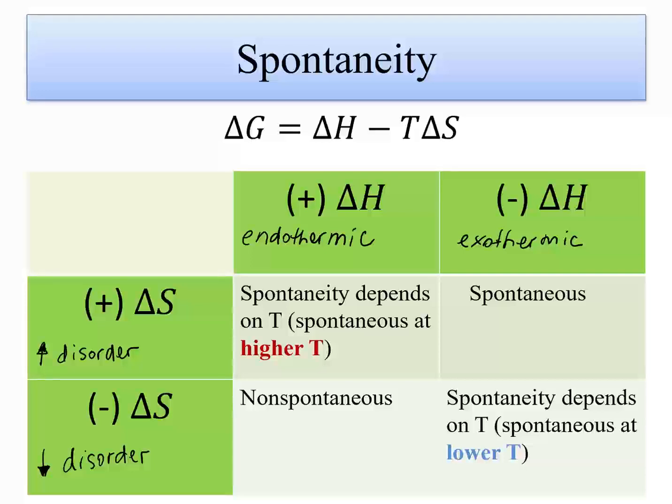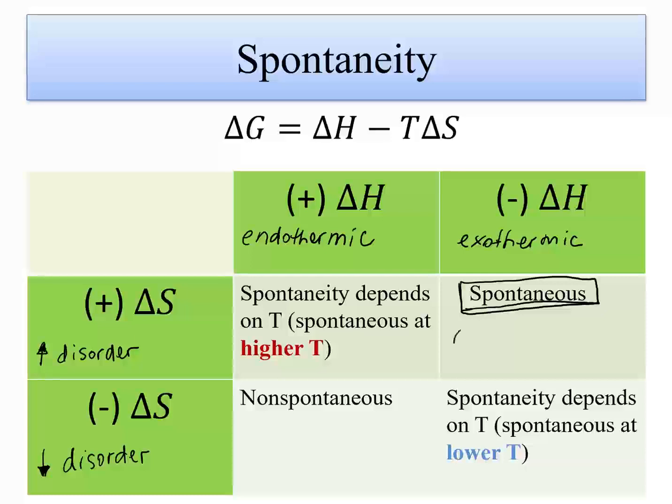So when both of these factors are favorable, the reaction is spontaneous. For example, if the exothermic reaction, the delta H, is negative, and if there is increase in molecular disorder, the positive sign of the delta S, the reaction is always spontaneous.